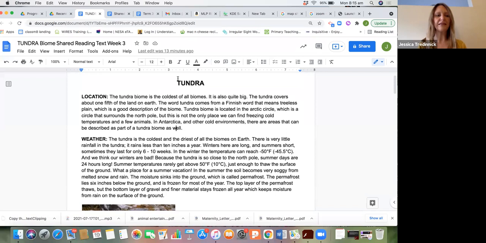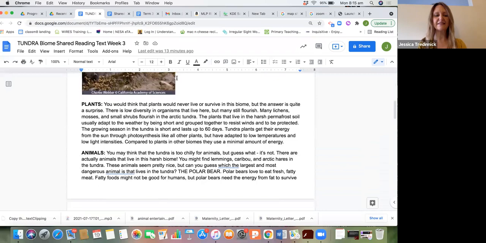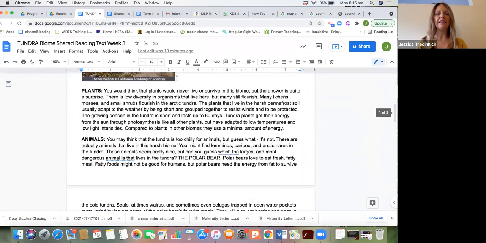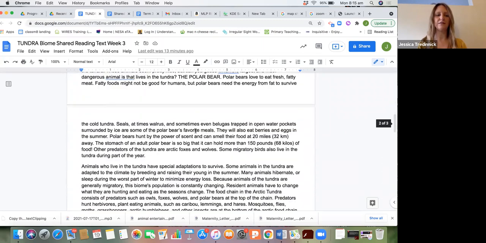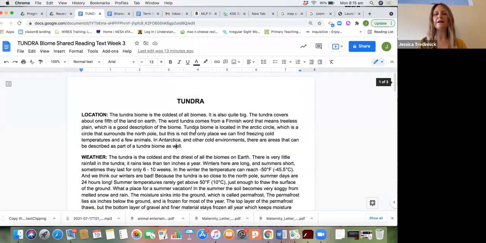So tundra, if I've got location, weather, plants and animals, it to me is structured a bit like an information report where it's talking about a particular thing. So straight away with these subheadings, and like the title and the photos that I could see, I'm starting to think that this is a factual text or an informative text, and it's going to be about a biome, which is the tundra.